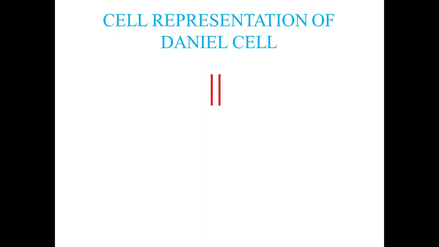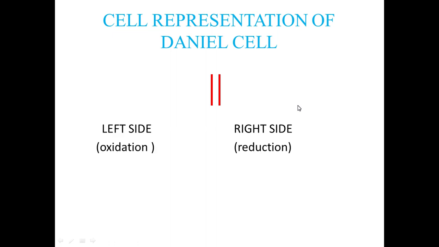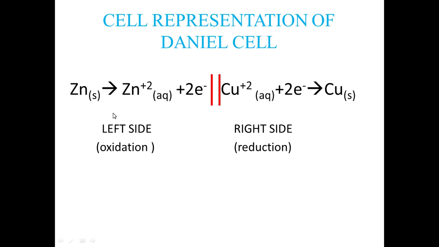The portion present here is the left portion and this is the right portion. So this is your left side and this is your right side. We have to write the oxidation first and then the reduction. You can see here the representation of a Daniell cell in a single line.